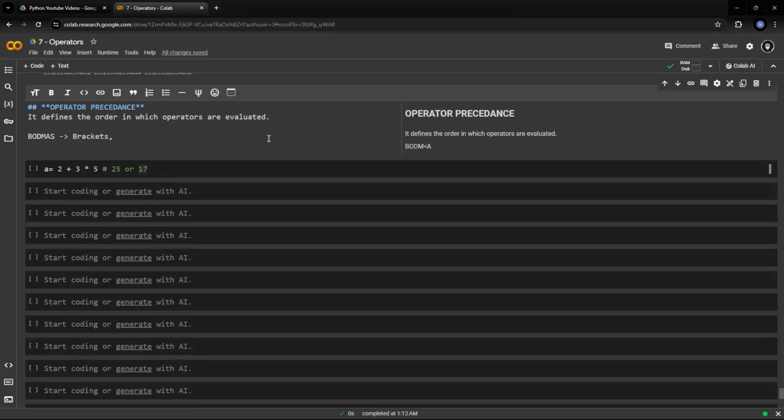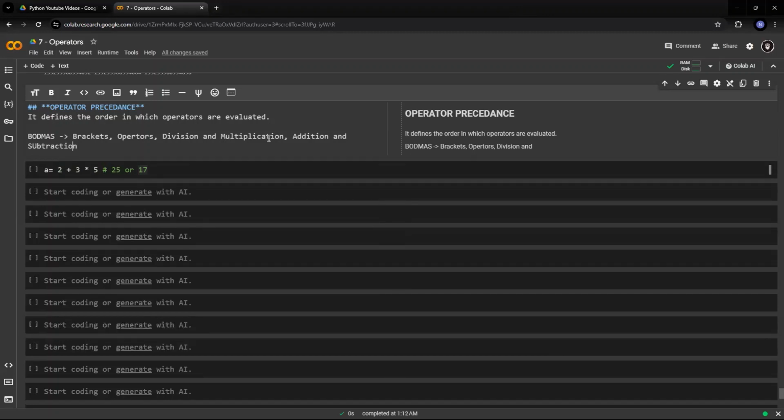Brackets are evaluated first, then division and multiplication are the second, and then we have the addition and subtraction.